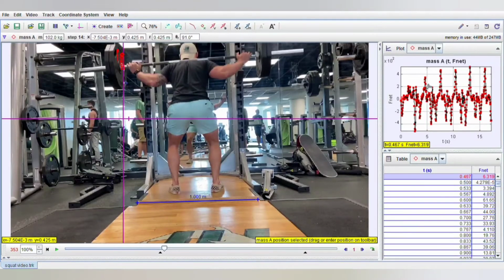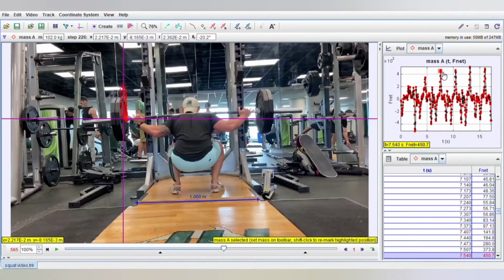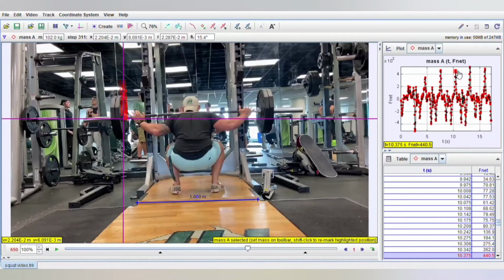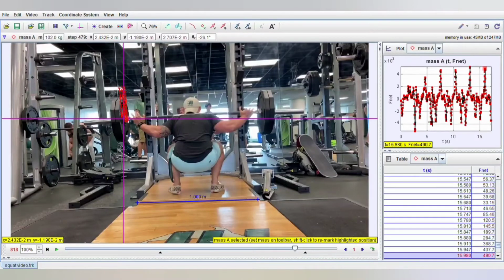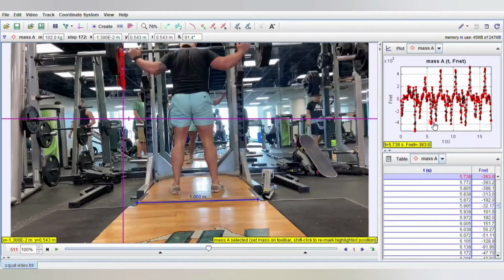This is the force of the weight graph, the mass times acceleration in the y component. It seems to be at its maximum when I'm at the very bottom of the squat. That's when the most force is acting on the weight. That's probably because the acceleration is very high right there at the bottom.